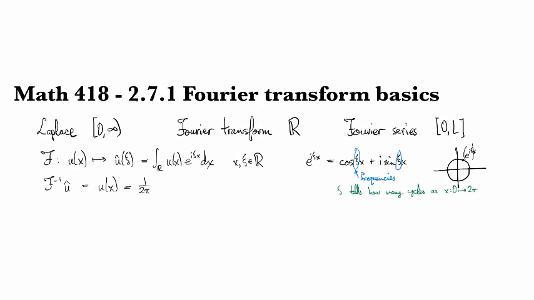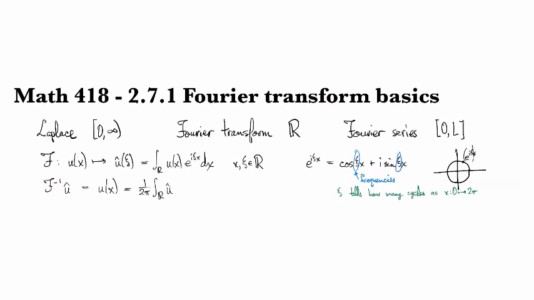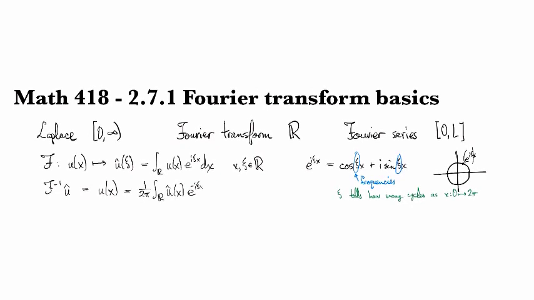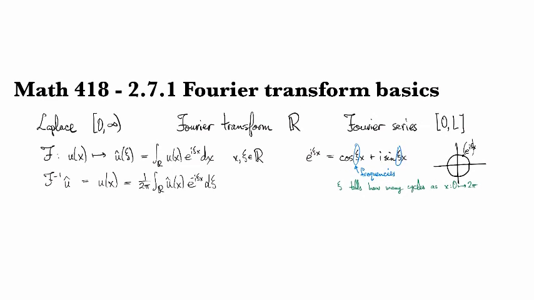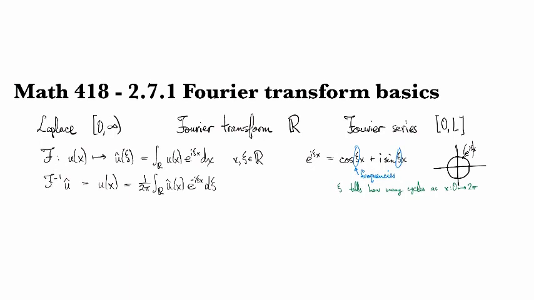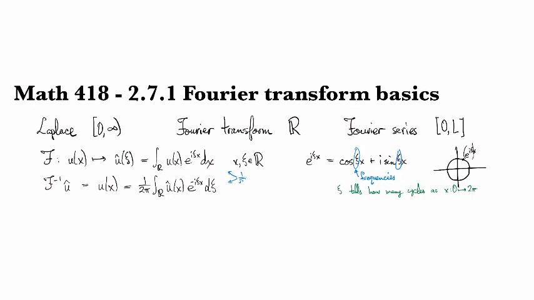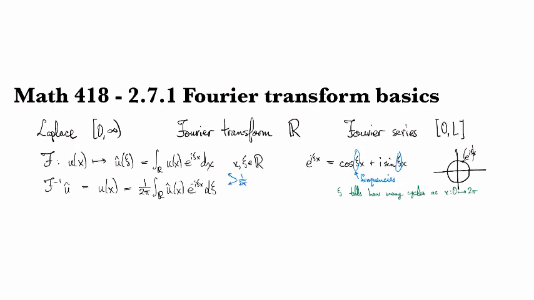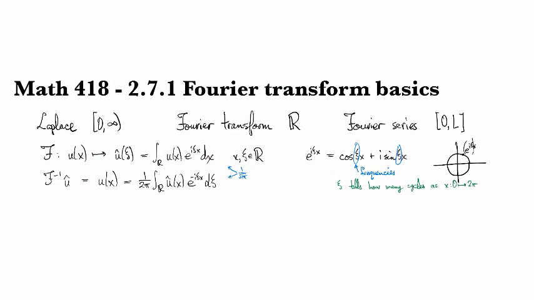There's a normalizing factor of 1 over 2 pi, and a negative sign in the exponent, but otherwise it's basically exactly the same. Depending on the book, some books will preface both of these with a factor of 1 over square root 2 pi so that it looks more symmetric. Our book has chosen to put the 2 pi entirely in the inverse transform, just something to be aware of if you look at another book.